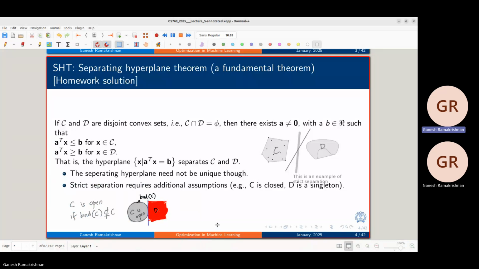And I give you an example, right? If I'm looking at x greater than 0 and x equal to 0, is a strict separation possible? No, right? Even though x greater than or equal to 0 and x equal to 0 are not disjoint, x greater than 0 and x equal to 0 are disjoint.